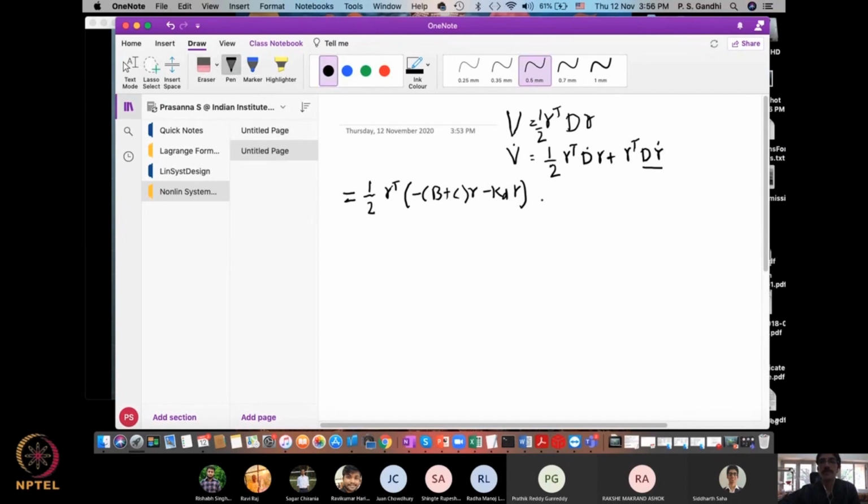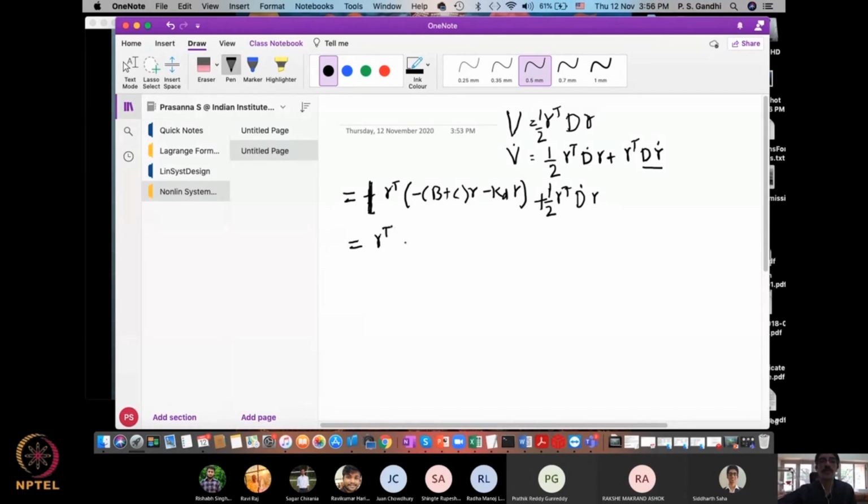Plus my term half r transpose D dot r will be there. With this, I can now combine the terms the way we want for D dot minus 2C to come up.